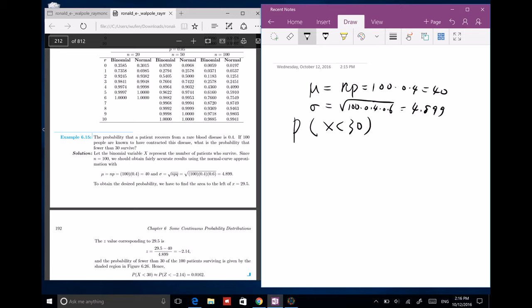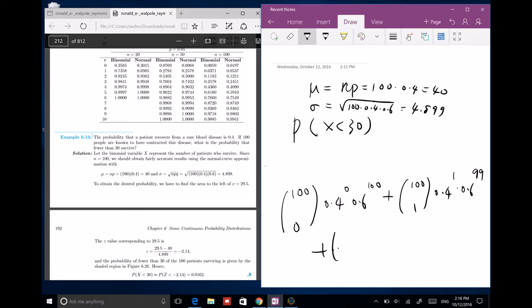Out of 100, fewer than 30 people will survive. If you use the binomial distribution, you have to add: choose 0 from 100, 0.4 to the power 0, 0.6 to the power 100, plus choose 1 from 100, 0.4 to 1 times 0.6 to 99, plus choose 2 from 100, 0.4 to 2, and 0.6 to 98.